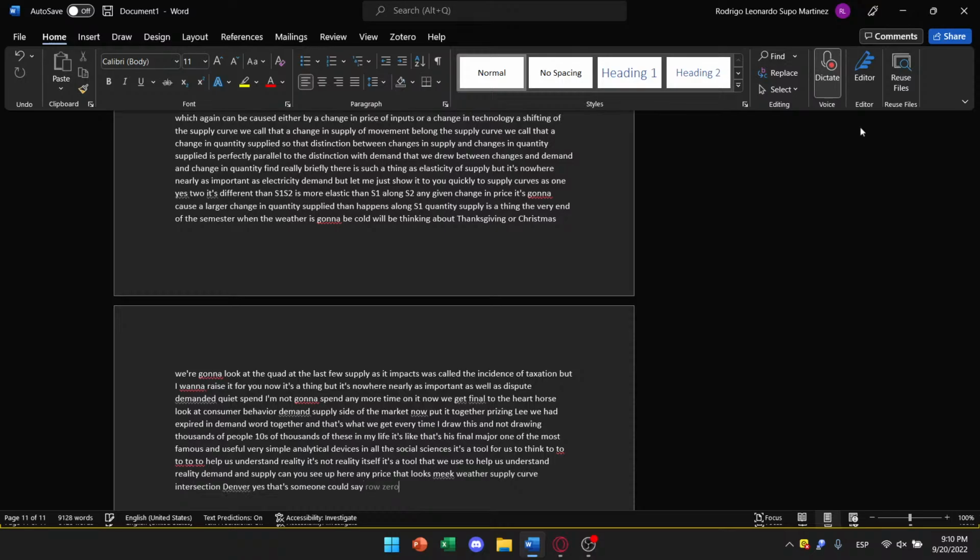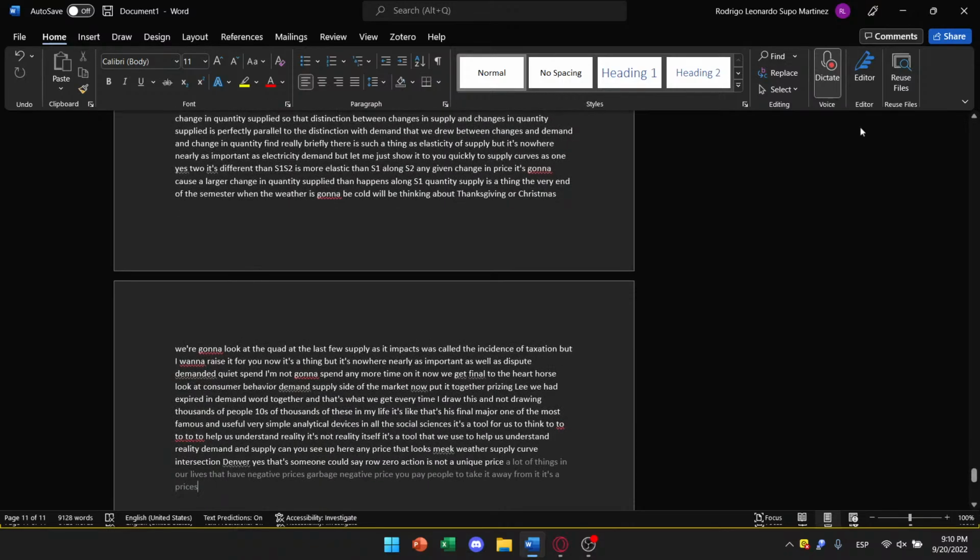Zero actually is not a unique price. There are a lot of things in our lives that have negative prices. Garbage, negative price. You pay people to take it away from you. That's what economists think of those things. There's nothing special about zero, although this price right here, the price that corresponds to the intersection of these two curves, is special.